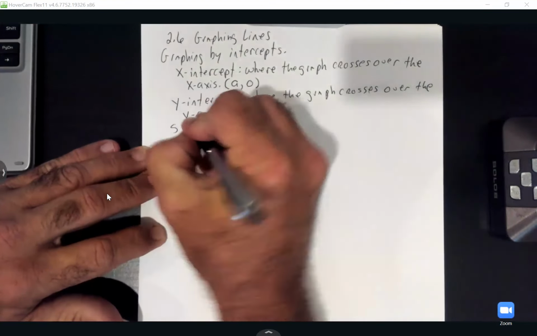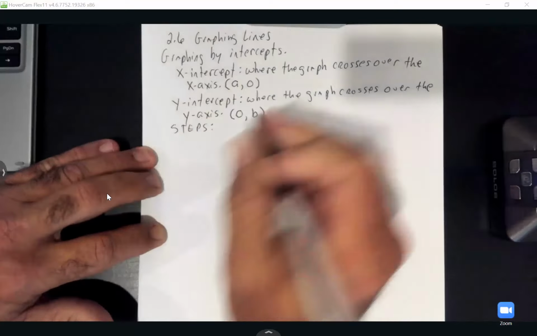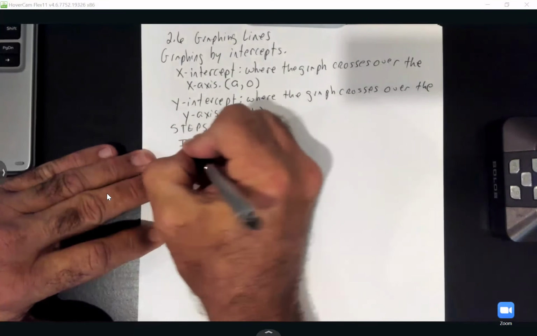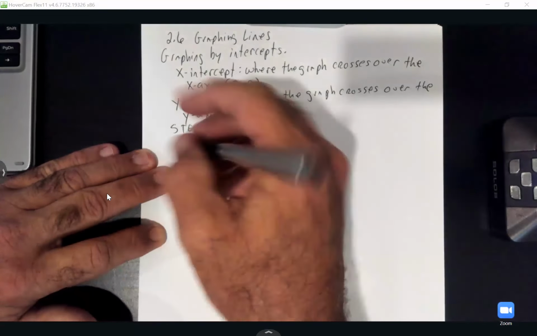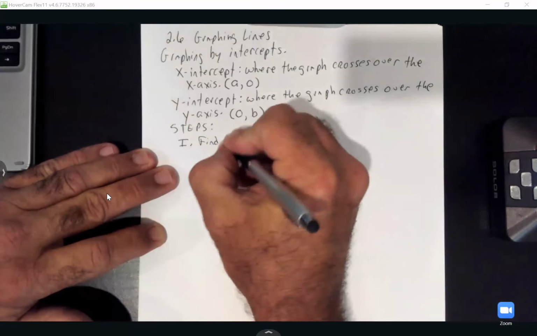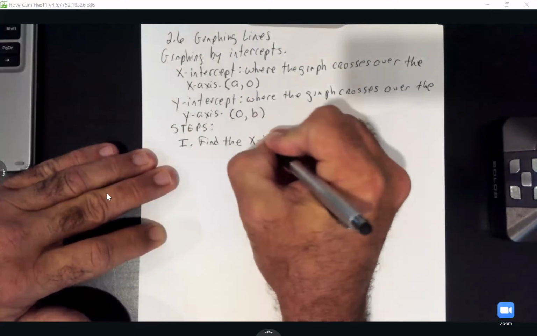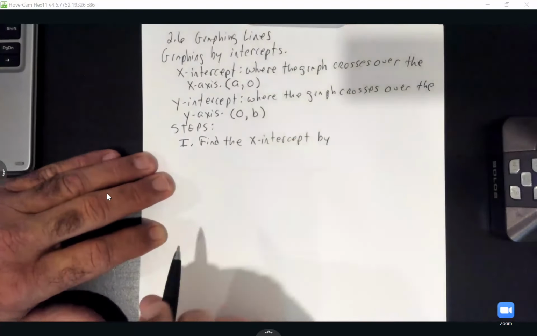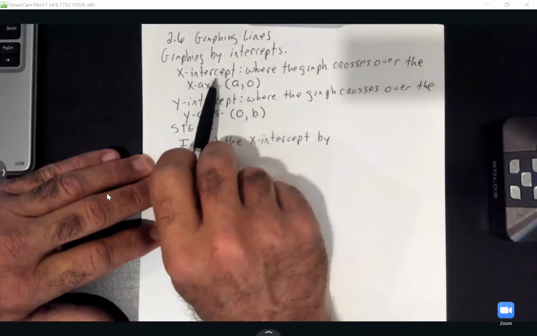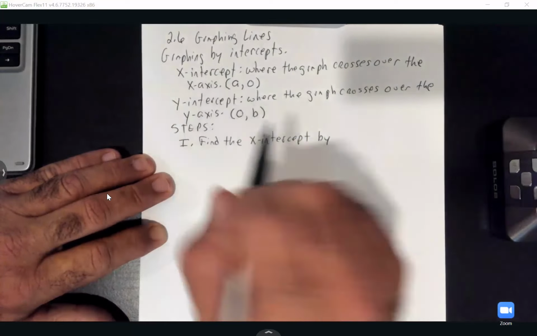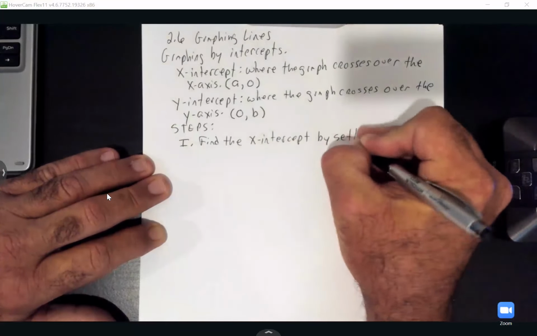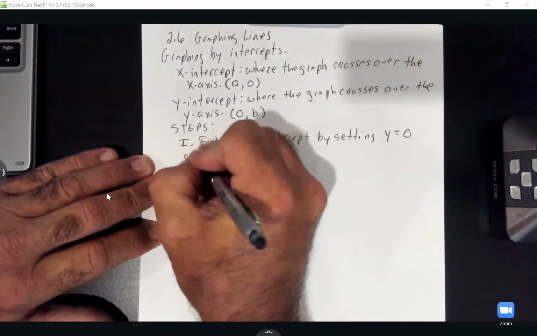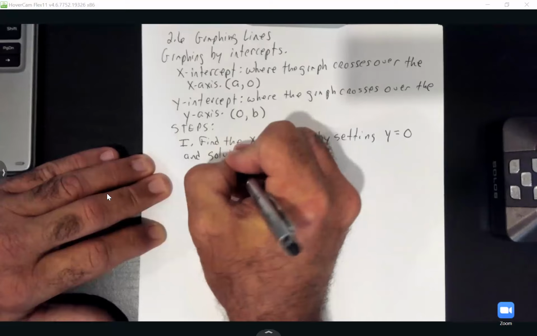So here goes the steps to graphing by using the intercepts. So the first thing we'll do, find the x-intercept by setting y equal to 0 and solving for x.